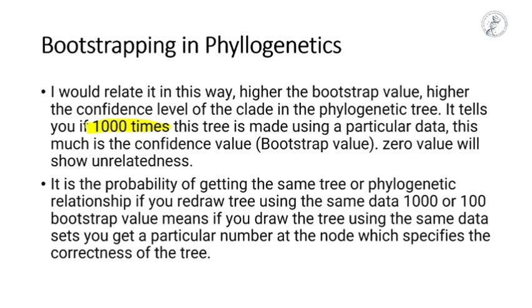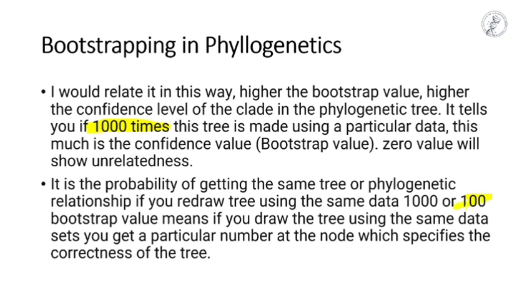The more times the tree is prepared and compared with each other, the more the confidence of the tree will increase. So if we go for a higher bootstrapping value, we will get a more perfect tree. If we go for 100 bootstrap, the tree will be prepared 100 times only, so errors in the tree can occur.